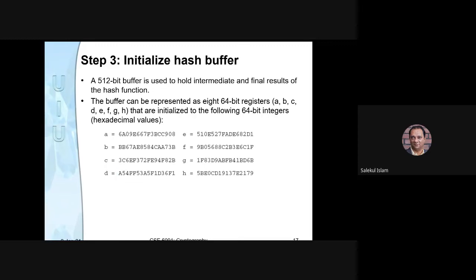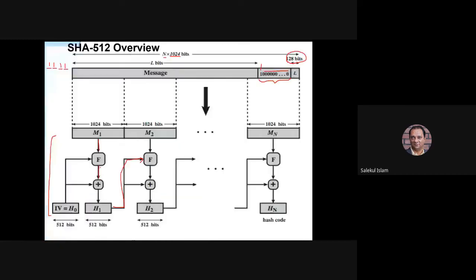So step 3 is we have to initialize the hash buffer. So what is that hash buffer? Here, if you look at the first H0, so H0 is IV. Okay, IV stands for initialization vector, I think. So what we are going to do, we are going to assign H0 to IV. So this is fixed.